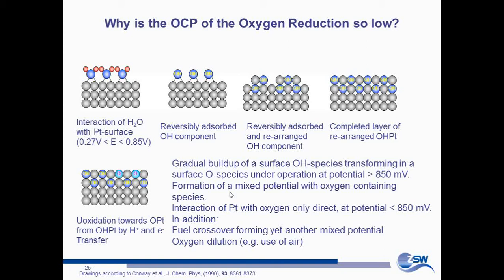And the reason is that the surface of platinum at the oxygen potential is not inert. It interacts with oxygen, with water from the outside, and it forms some more or less ill-defined oxide hydroxide type surface, which in a sense forms a mixed potential between oxygen, platinum, and the platinum oxide phases.